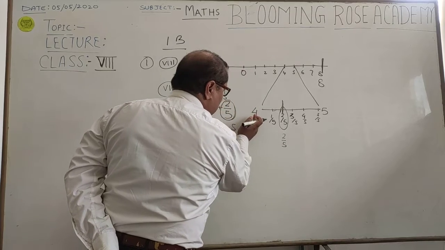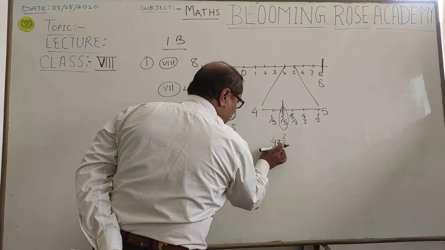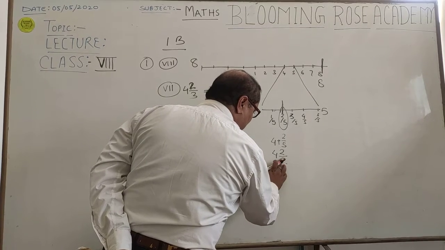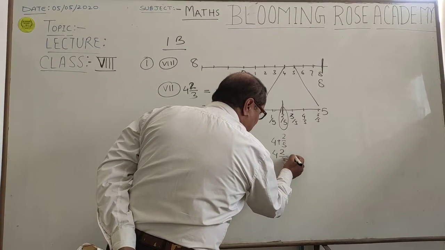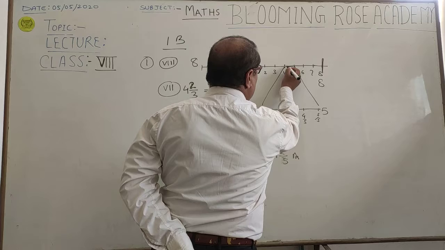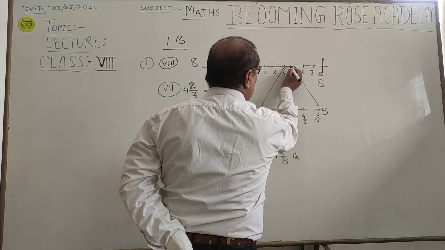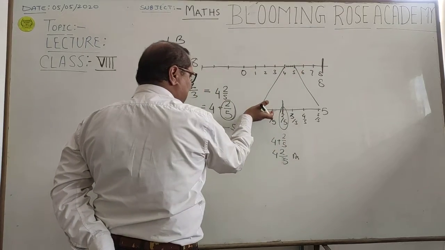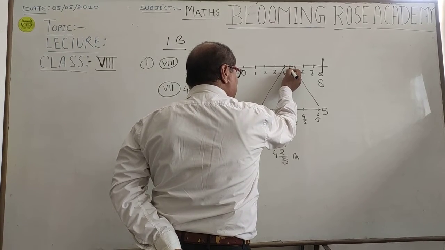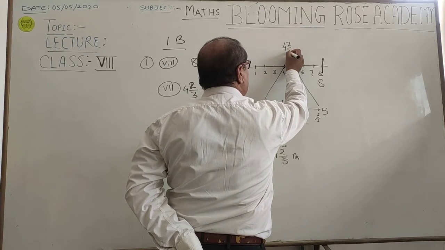But the number starts with 4, hence we take this 2 by 5 together with 4, which forms 4 and 2 by 5. This is your answer. So on the number line, we divide it into 5 small parts: 1, 2, 3, 4 and 5. I have explained this here. You may find it a little difficult, but here you will see that we represent 4 and 2 by 5.